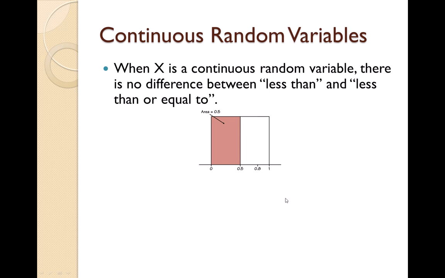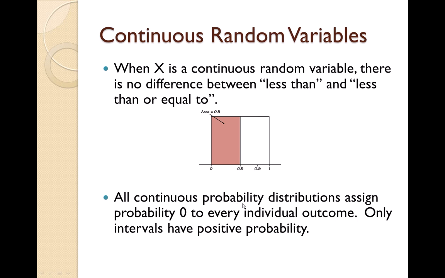It's got length, but it has no width. So it's a kind of a meaningful thing. All continuous probability distributions assign a probability of 0 to individual outcomes. So if I ask you what is the probability that x equals 0.5, the answer is 0. So whether it's there or not will not affect whether it's less than 0.5 or less than or equal to 0.5. You get the same area and the same probability. Just a little fact to know and tell.